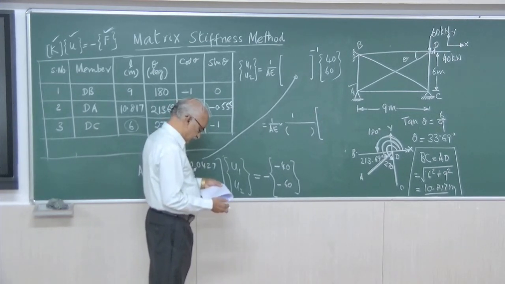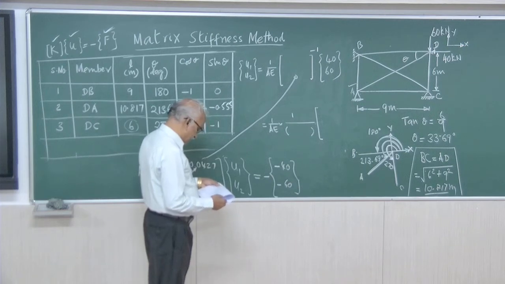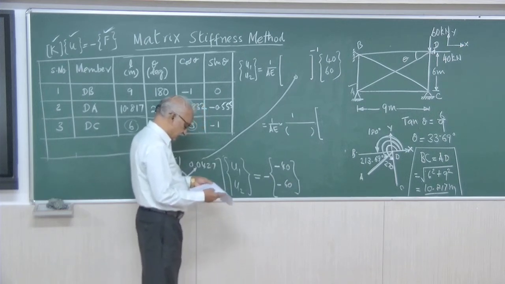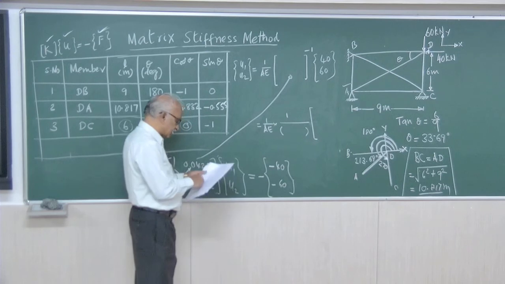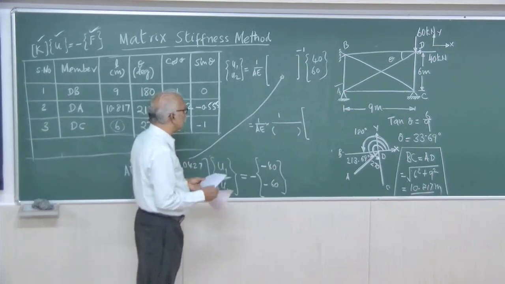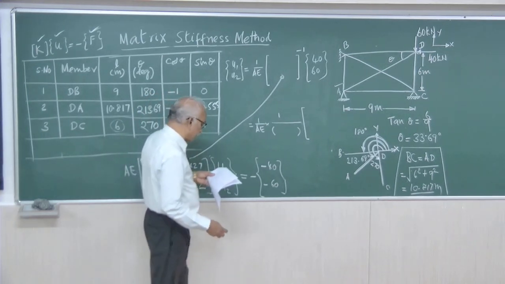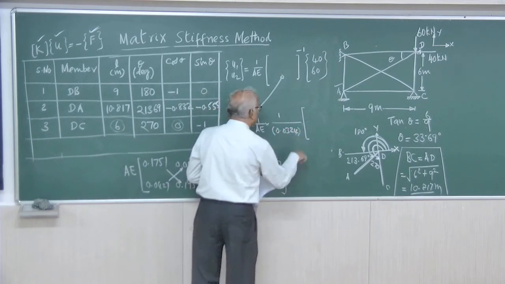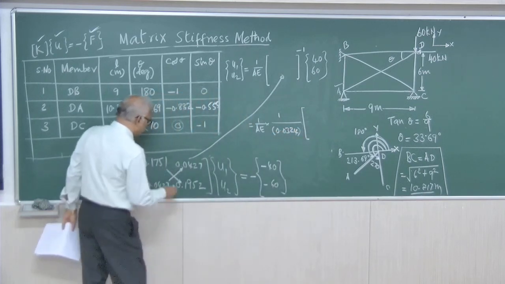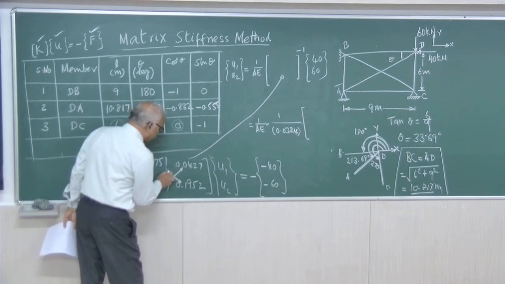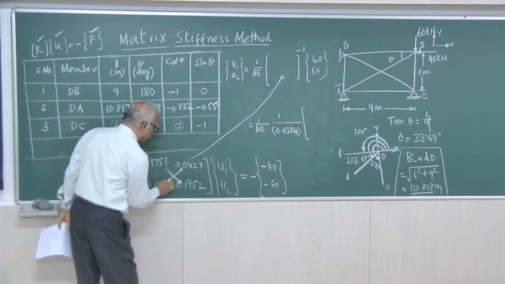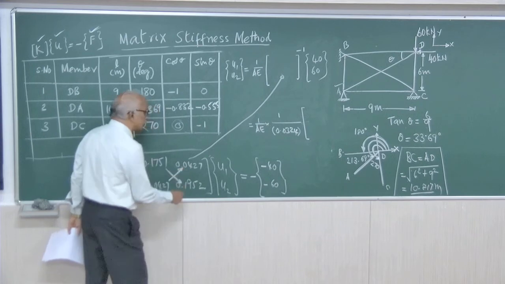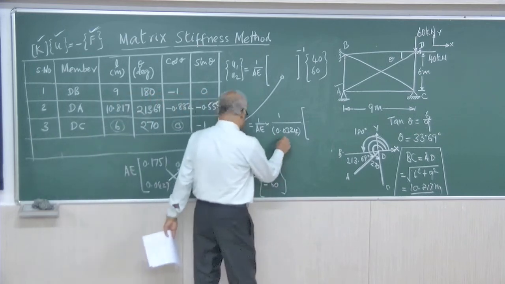I will give only the final calculation because we have done many problems. Actually, the determinant value will be 0.0324.